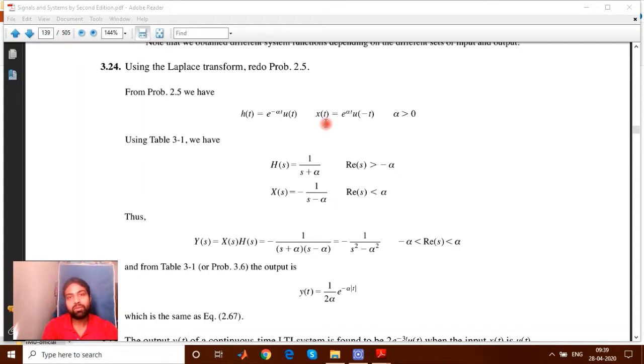The option is that one can convert h(t) into the frequency domain and x(t) also into the frequency domain, and while converting you may use either the Laplace transformation or the Fourier transformation. By converting this you get h(t) as H(s) and x(t) as X(s). What is the benefit of converting? The convolution in the time domain becomes a simple multiplication in the frequency domain.